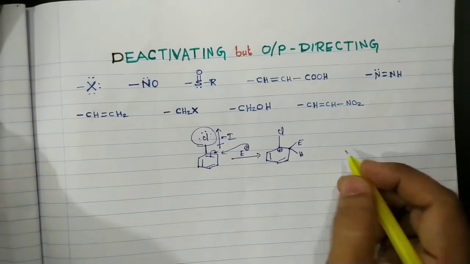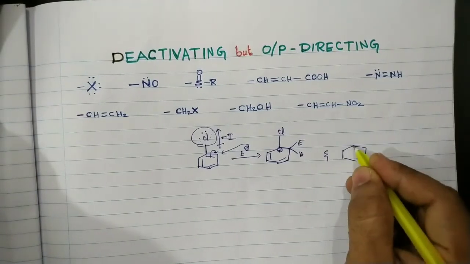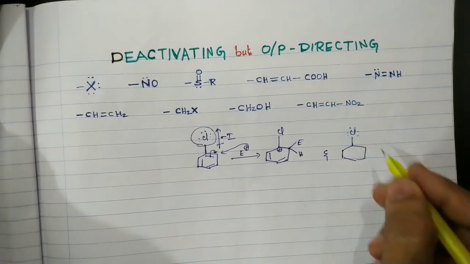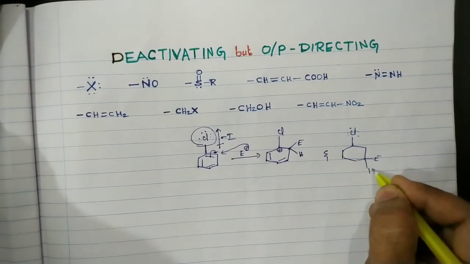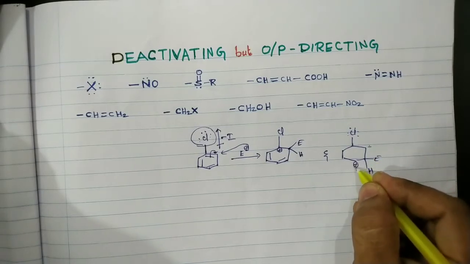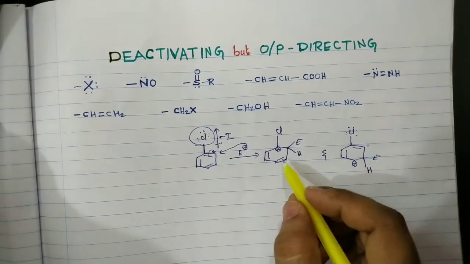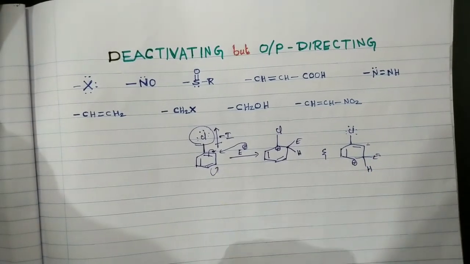Now if an electrophile attacks at the meta position in the case of halobenzene, this one of course carries a positive charge, because these electrons are transferred to this one.